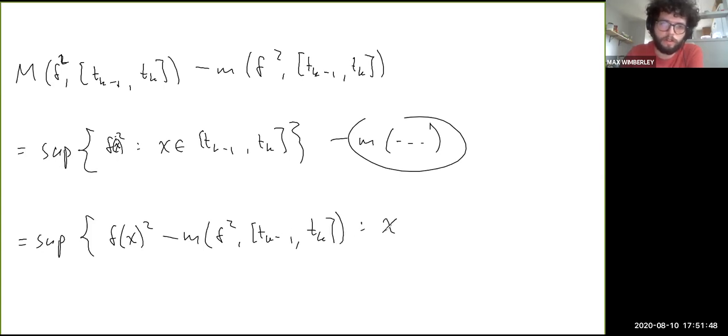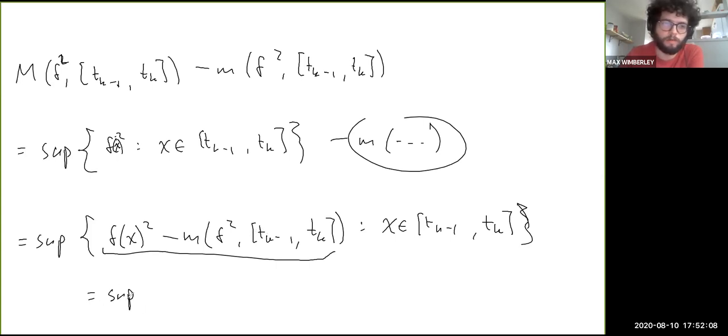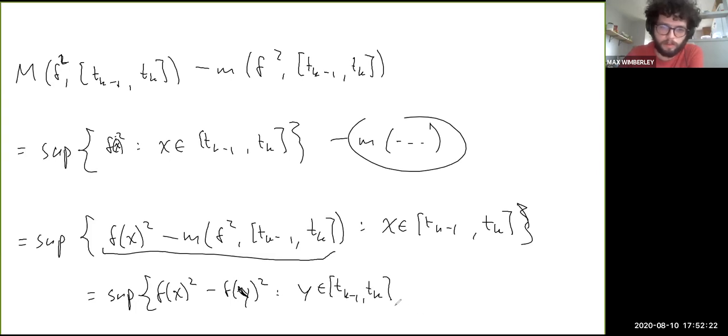For x in t_{k-1}, t_k. And then you can say this is f of x squared minus the infimum, but that's the same thing as the supremum of f of x squared minus f of y squared for y in t_{k-1}, t_k. So you get these nested suprema.